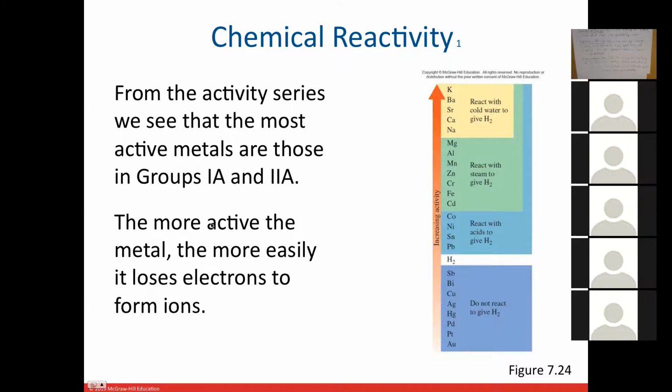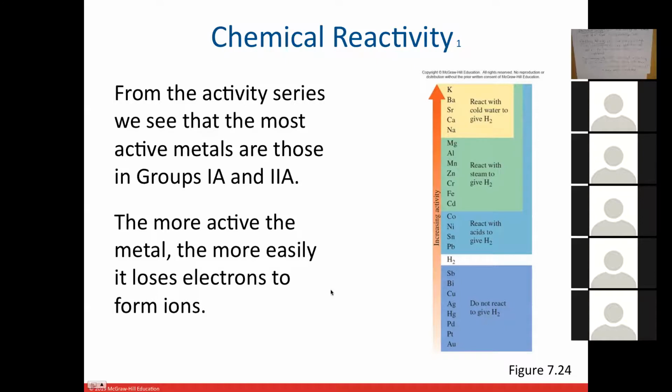The more active the metal, the more easily it loses electrons. So remember, if it was a competition between two metals, the calcium would force something lower than it to gain its electrons. Calcium would give its electrons to zinc, and zinc would have to take it. Or zinc would give its electrons to nickel, and nickel would have to take it, and so on.